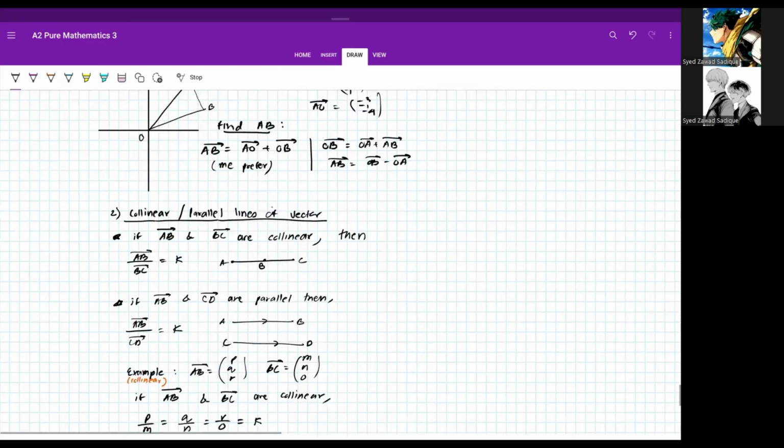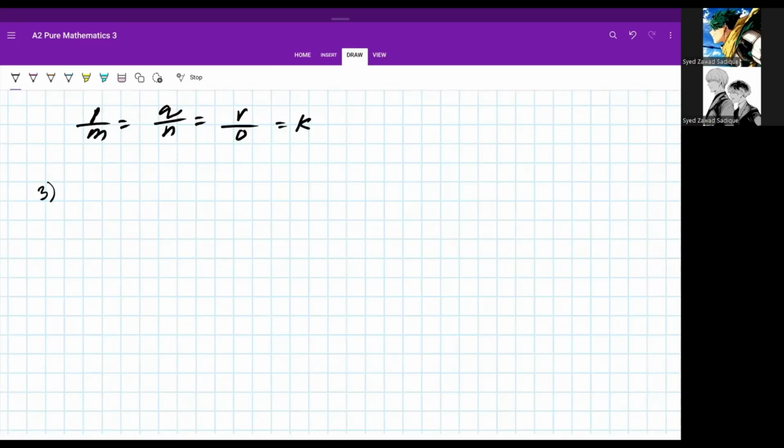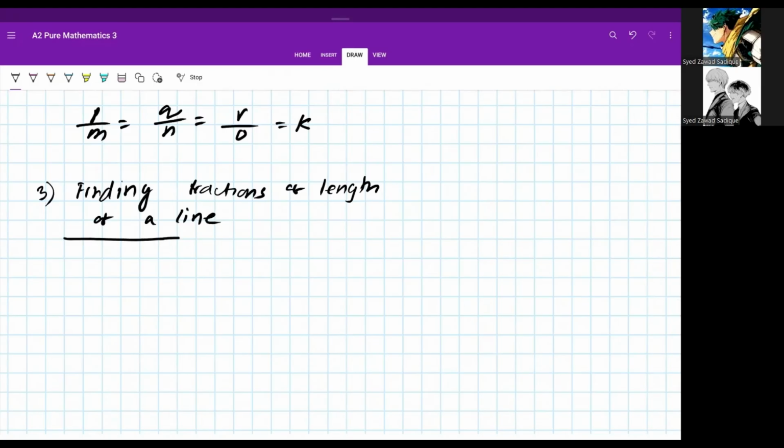Right. Now, concept number 3, finding fractions of length of a line. Okay. Finding fractions of length of a line.